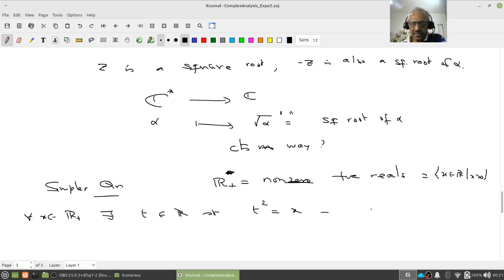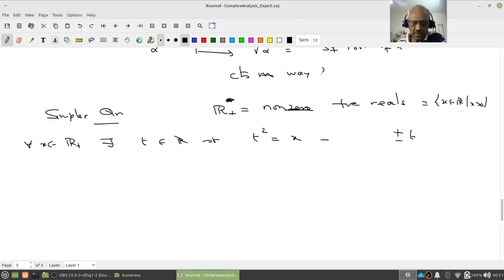There are actually two, t and minus t. If t is a square root, then minus t is also a square root. Since x is non-zero, t is not 0, so by the law of trichotomy, exactly one of plus or minus t is positive.